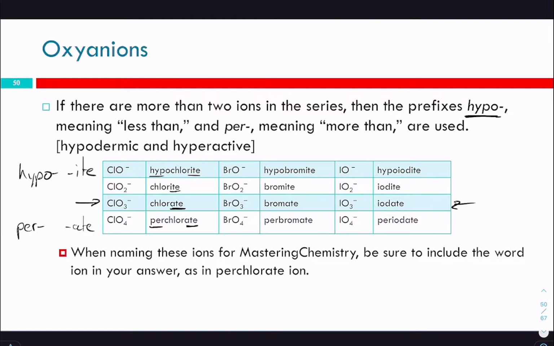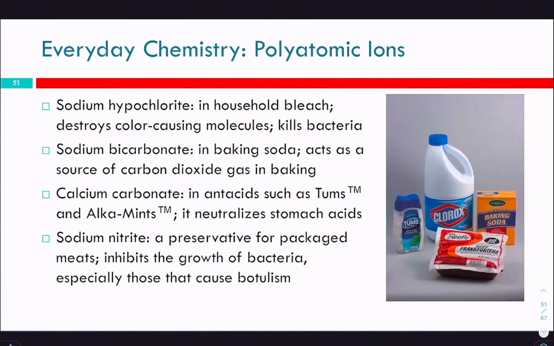The back half, these last few slides are going to feel like a lot, because they are a lot. Polyatomic ions are used a ton in everyday life. Sodium hypochlorite is a household bleach, so it can destroy color, although there is color-safe bleach, and it'll kill bacteria.